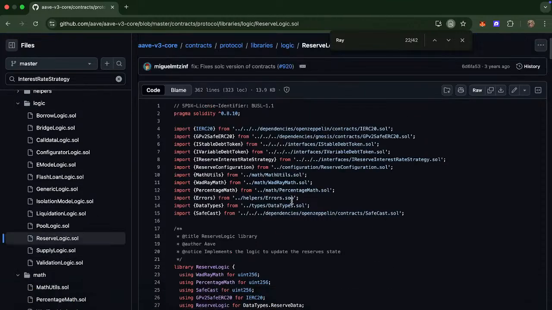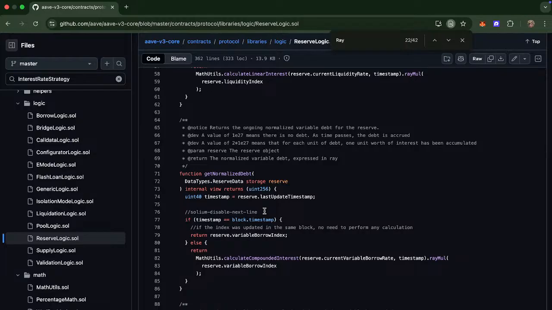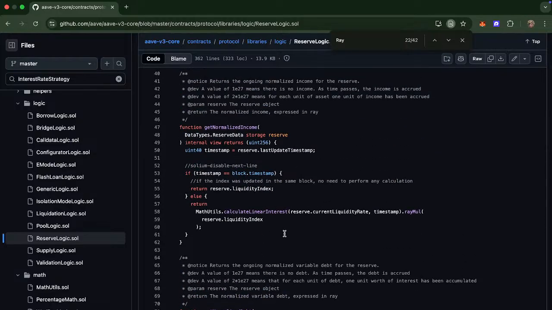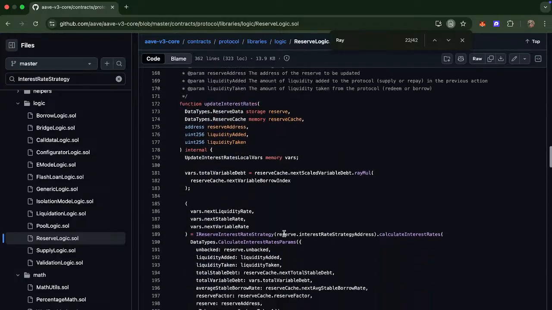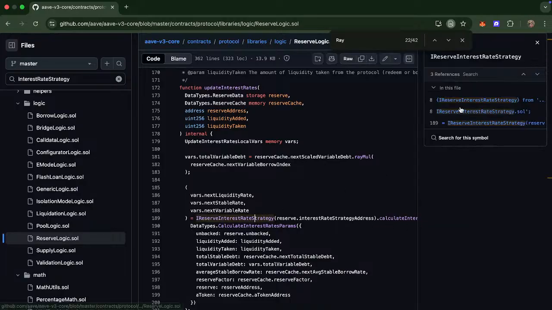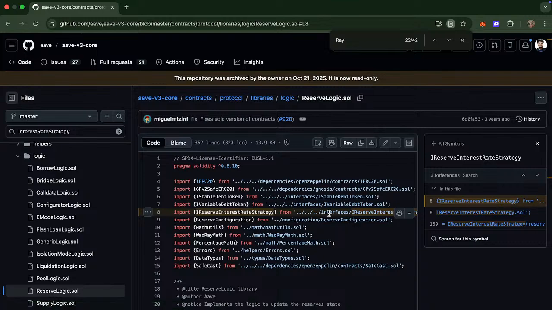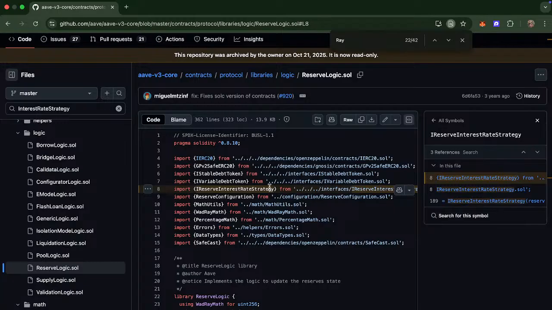Reserve pool, I reserve, high reserve interest rate strategy. Calculate linear here, just below update interest rate. Where am I? Yeah.